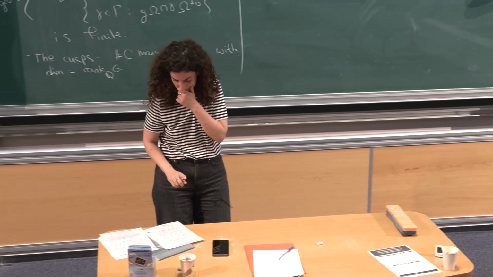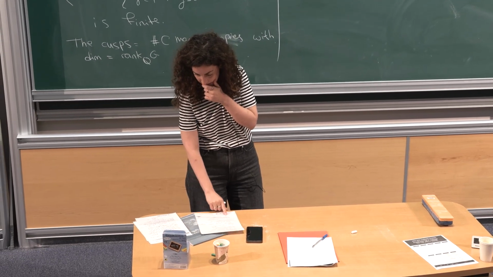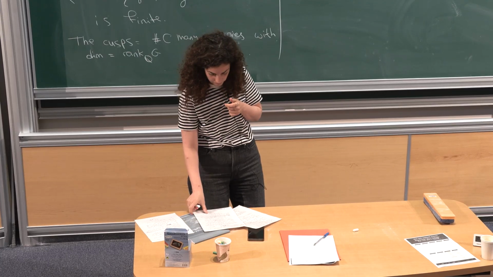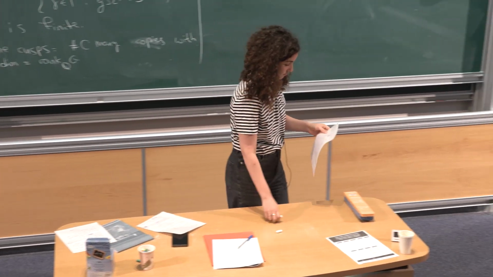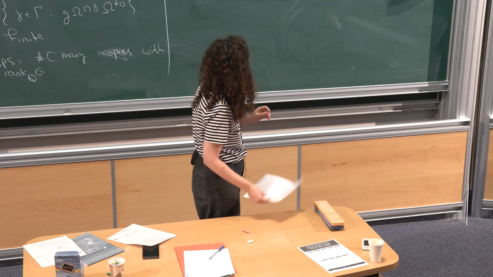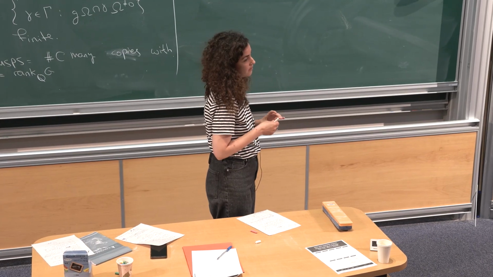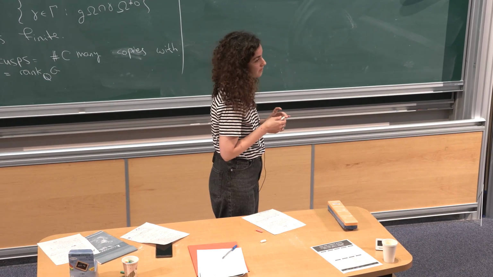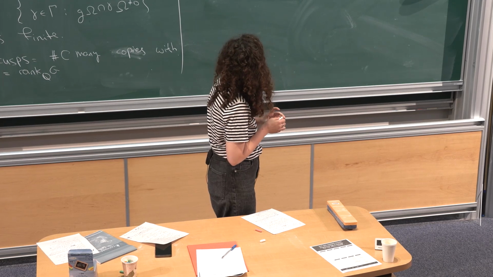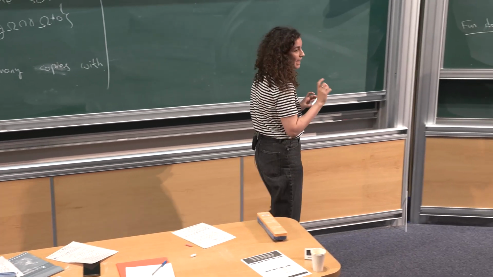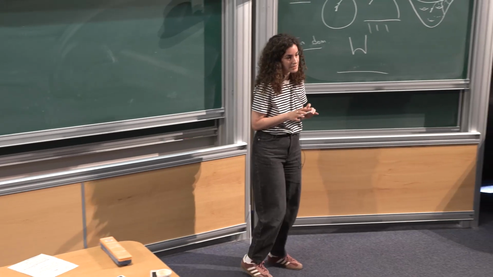Okay. What did I want to say next? Could you please say quickly in the rank 1 example, what is T plus Q? Here, the maximal R split torus and the maximal Q split torus are the same.